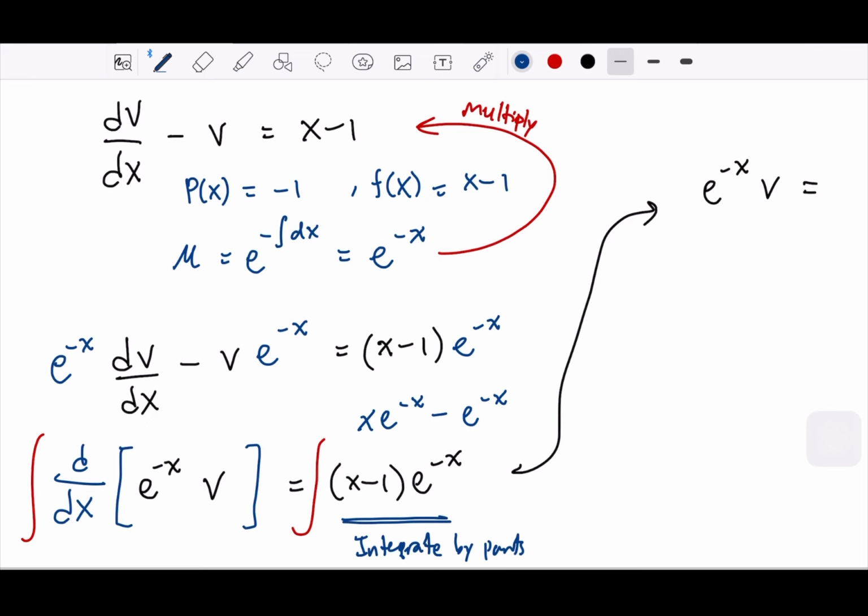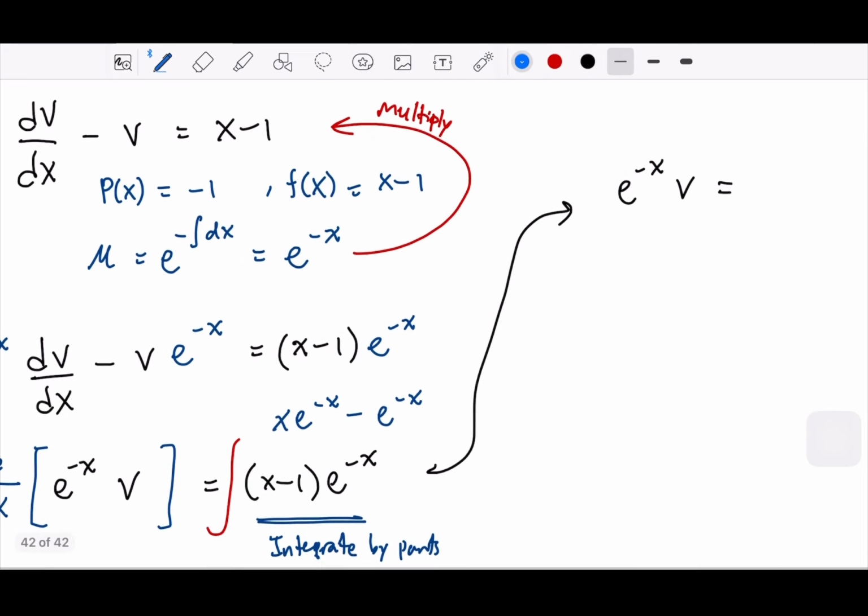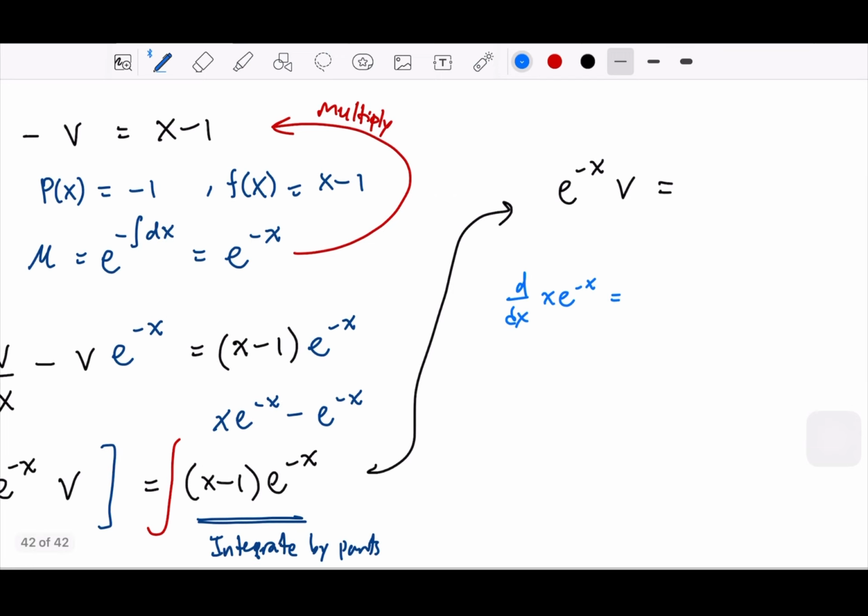So if we try to differentiate that, this will be a product rule, right? So e, plus negative, and we get the e^(-x), right?